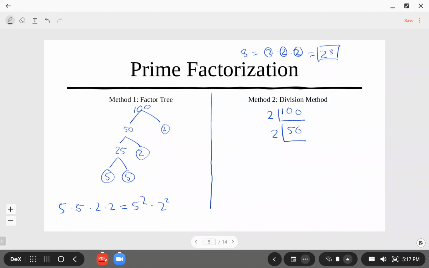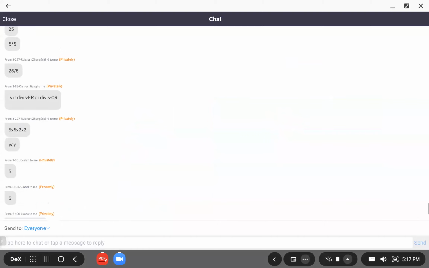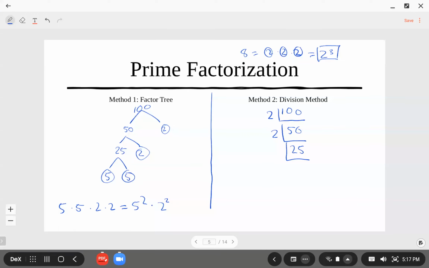So let's start off with, please find a divisor of 25 that is prime. Okay, 5. Yeah? 5. Okay. And then 25 divided by 5, you end up with 5, right?